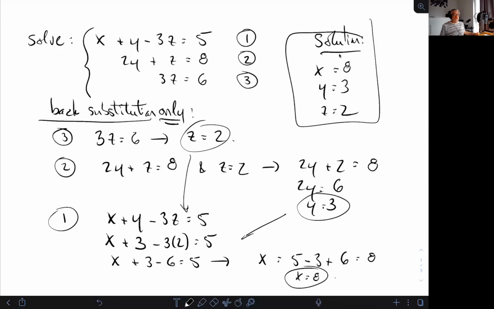What you should do, let's say you have some extra time, which hopefully you will, once you reach your unique solution like that, is, of course, substitute back in all three equations to make sure that it works. Of course, if it's just a back substitution, you're not going to learn much from this because you'll be just unraveling what you just did.